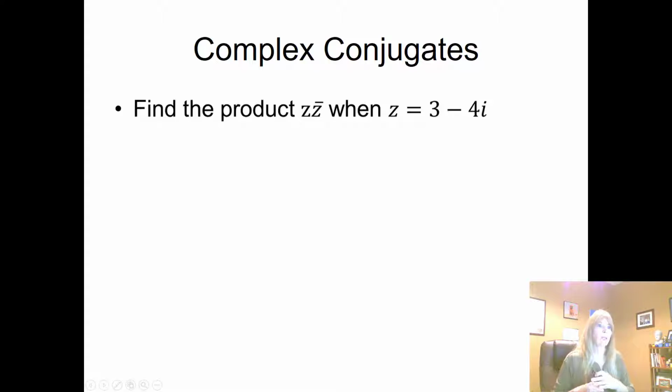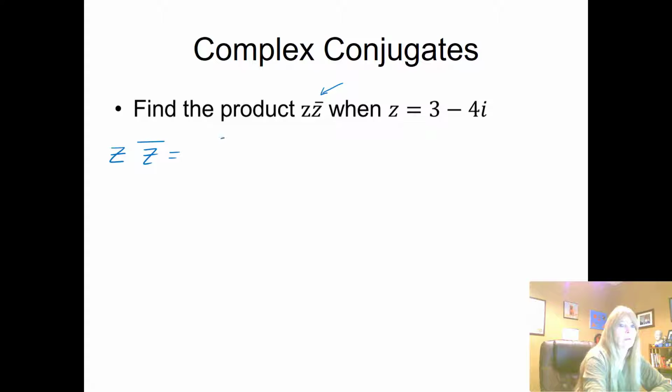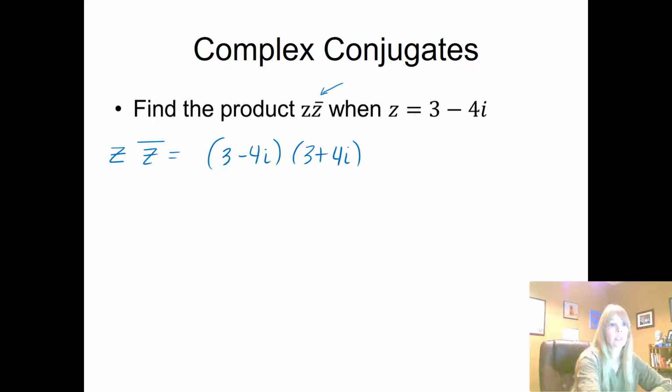So if I want to find the product z times z-bar, where z equals 3 minus 4i, this would be 3 minus 4i, and then 3 plus 4i. So that's the conjugate piece.